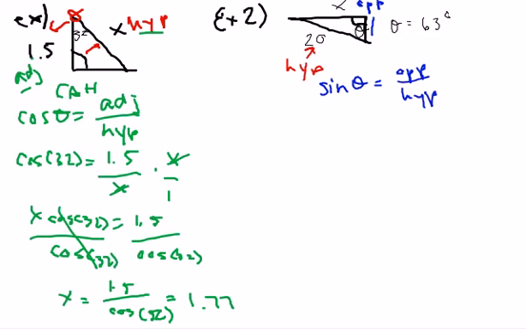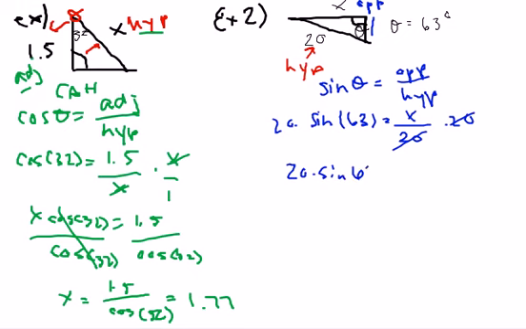If you don't have SOH CAH TOA memorized, now would be a good time to start memorizing it. So from here, again, you want to plug in, so sine 63 is equal to our opposite x over our hypotenuse, which is 20. You want to move 20 over to both sides. So you get 20 times sine 63 equals x.